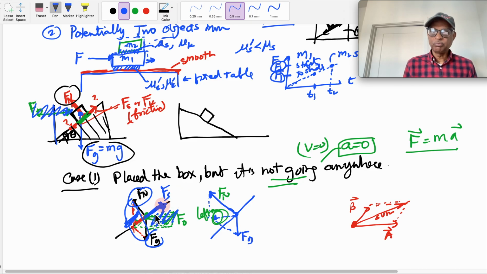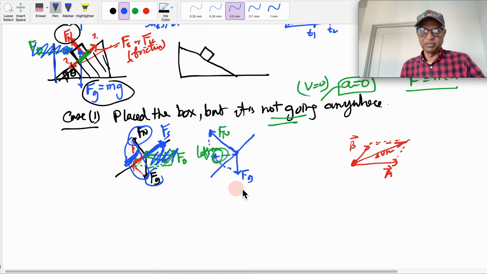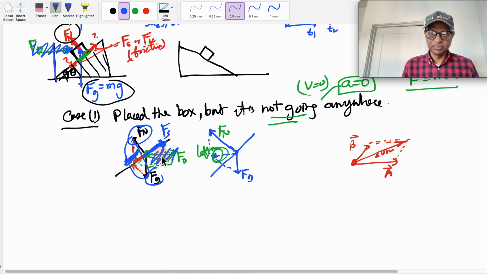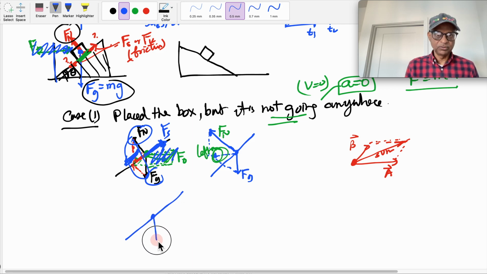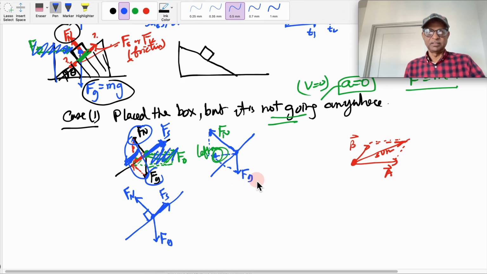Now static friction can point down sometimes depending on the situation, but here the static friction has to point up. That's the hard part, figuring that out. So this is Fg, this is Fn, at 90 degrees, and we have a static friction. Somehow all of this is balanced.